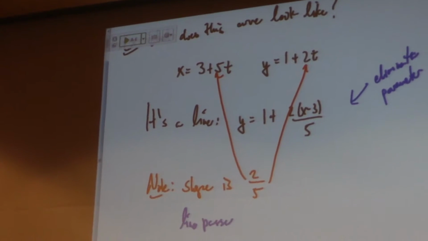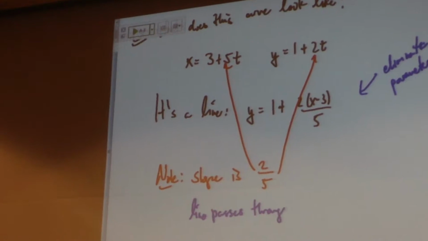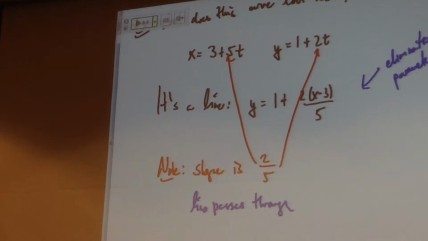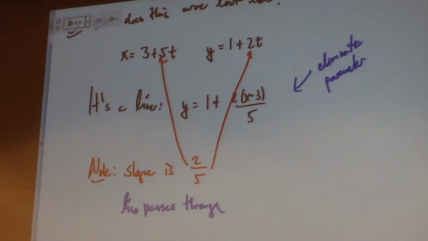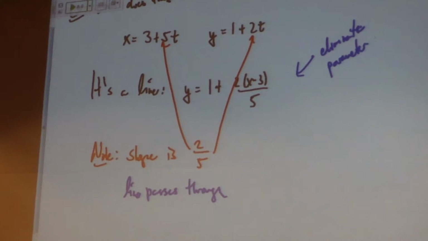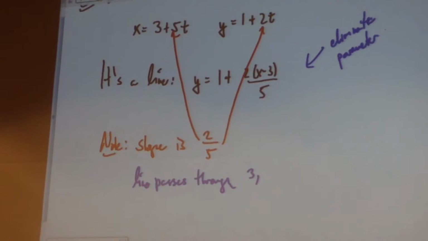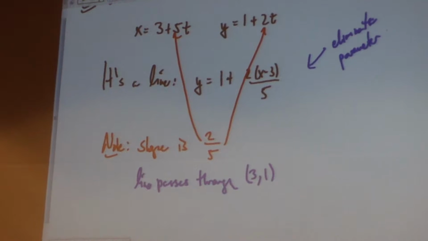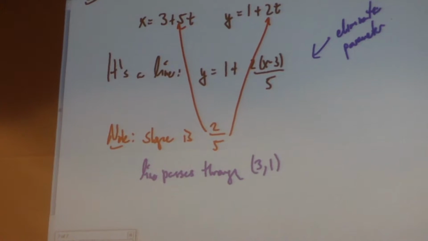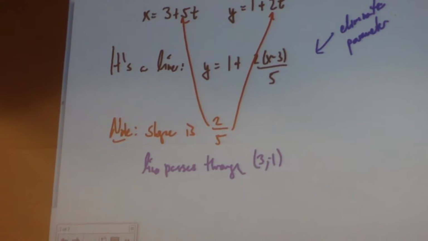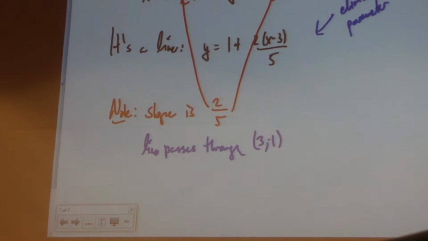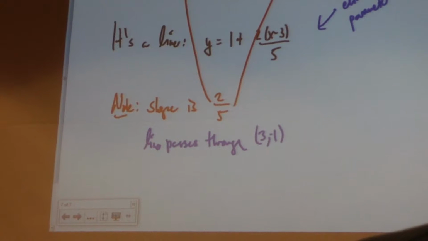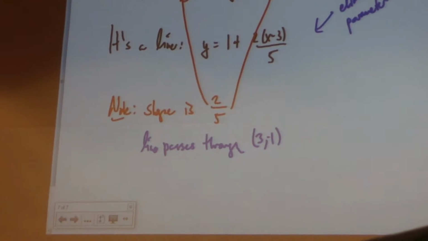The line also passes through 3, 1. Hold on, I have to work that out myself. Did you plug in 0 for t to get 3, 1? Oh, no. 1, at t equals 0.